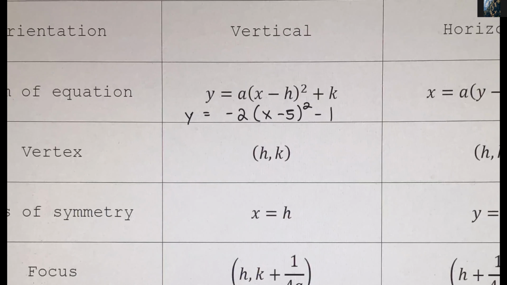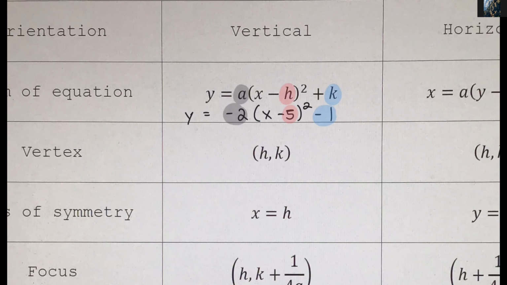I have written the equation in such a way that I have the value for a, the value for h, and the value for k. So now that I have these three values, I can easily calculate the rest of the properties.